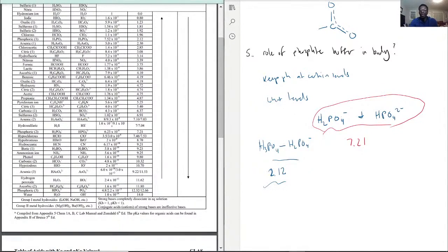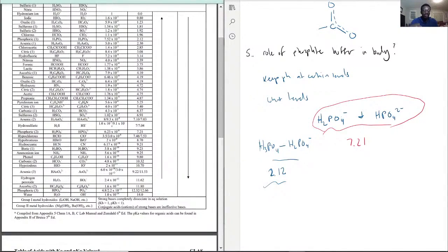I wish I knew the names off the top of my head. There's phosphoric acid, then dihydrogen phosphate, and this would be hydrogen phosphate, if I remember correctly. Don't quote me on that. But that's the pH we were looking for.